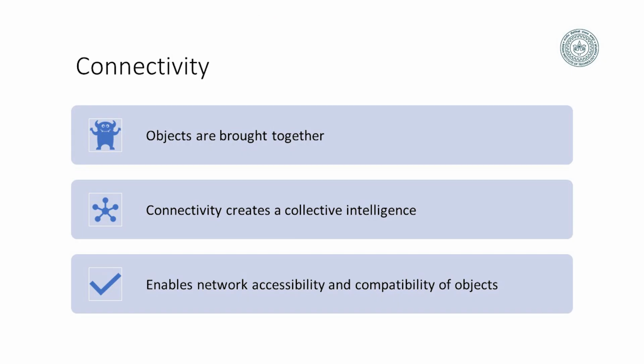So, the IoT system is characterized by connectivity, where objects are brought together, and this connectivity is creating a collective intelligence, the intelligence that is being generated from this connection of all the physical devices, and this is enabling network accessibility and also compatibility between objects. So, different objects of different types are becoming compatible with each other thanks to IoT.